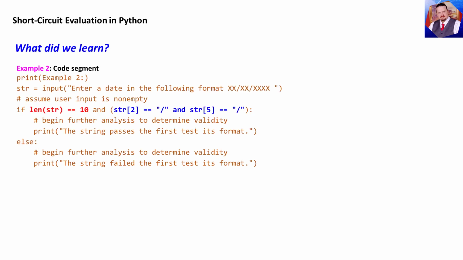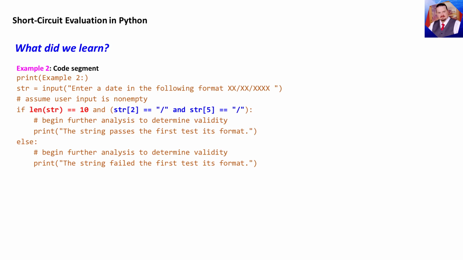So in example 2, we learn that short-circuit evaluation can actually help us with coding. The right-hand factor, which potentially would have a defect in terms of some user data that's input, was being protected from a runtime error by virtue of us checking the length condition first. If that failed, then we would in fact not have a runtime error. Why? Short-circuit evaluation.